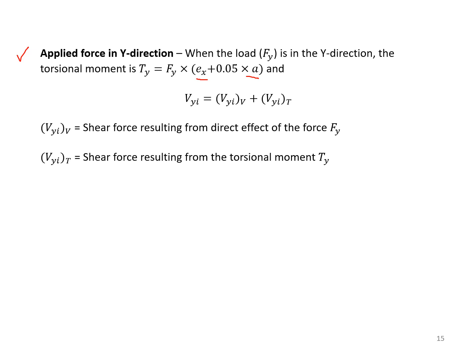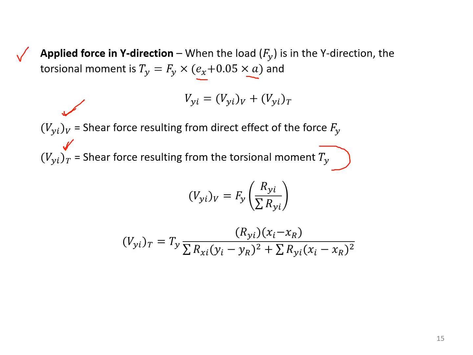The total shear is made of two components in each element. Vyi is a direct shear, Vyit is the one because of the torsional moment. Torsional moment in this case is called Ty.